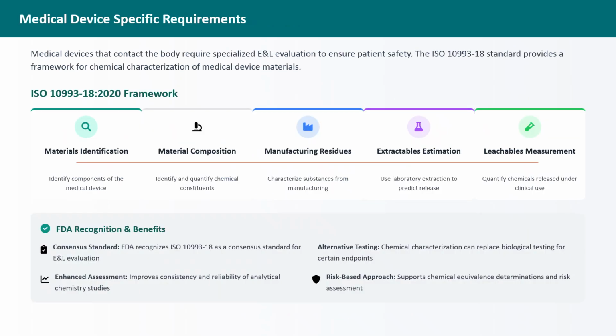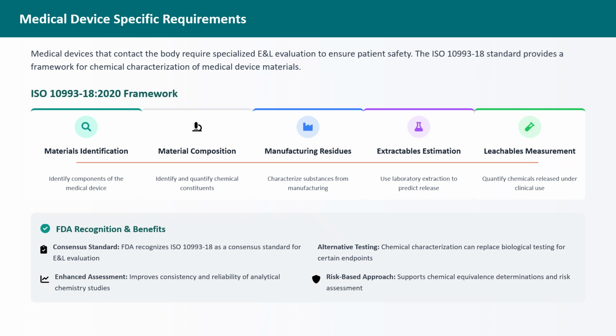For medical devices, ISO 10993-18 provides a structured framework from material identification and chemical composition to extractables estimation and leachables measurement under clinical conditions. An important regulatory advantage is that chemical characterization can sometimes replace biological testing for certain endpoints.